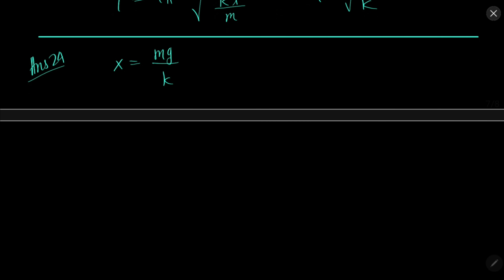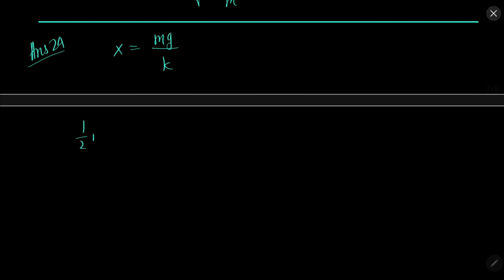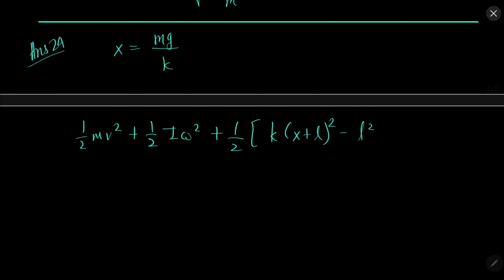Total energy will be constant, so half mv square plus half I omega square plus half k(x plus L) square minus half k x square minus mg L, which will be a constant.